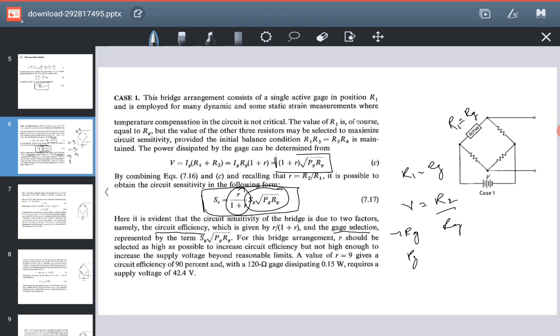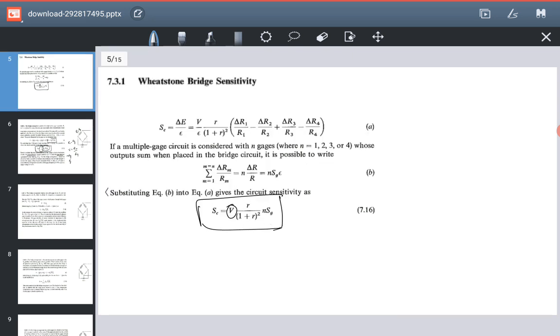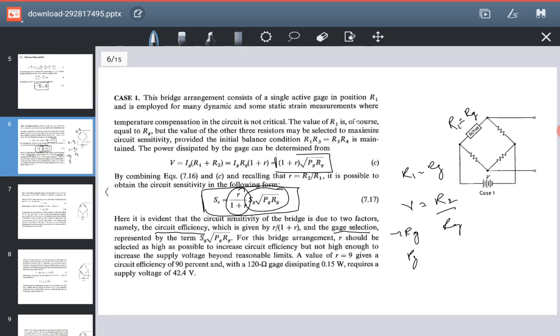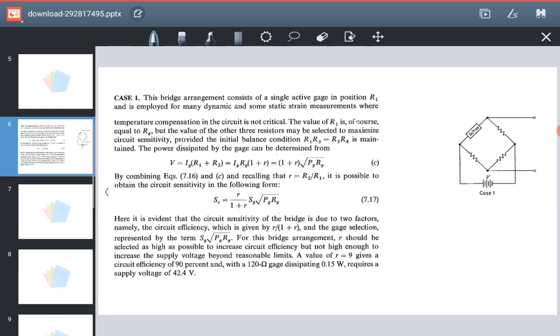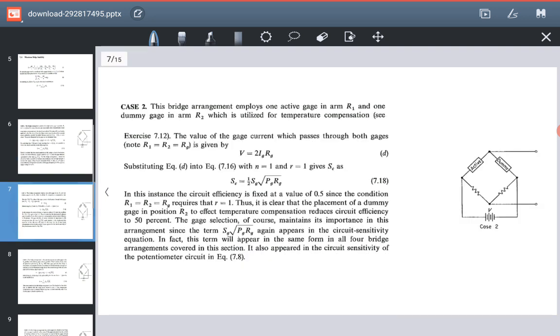Sg is the gauge factor, if you remember, delta R upon R. It is very much dependent upon the material of the gauge. Okay, so now let's move to the next.